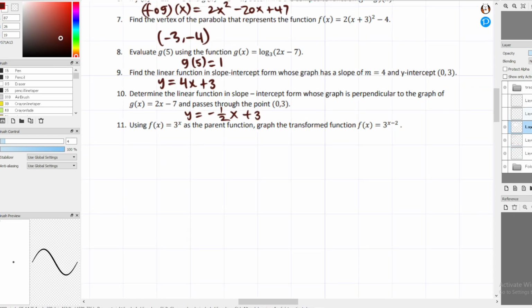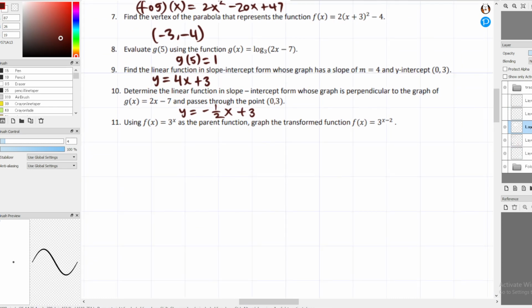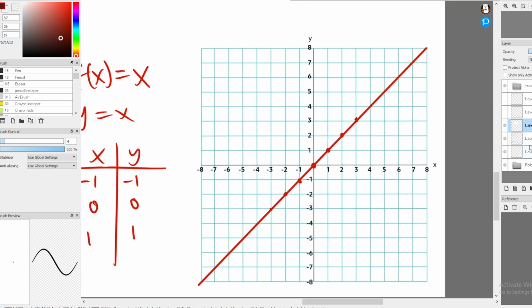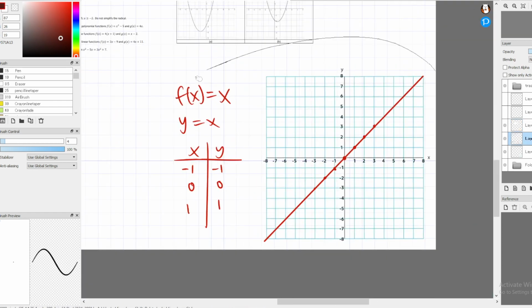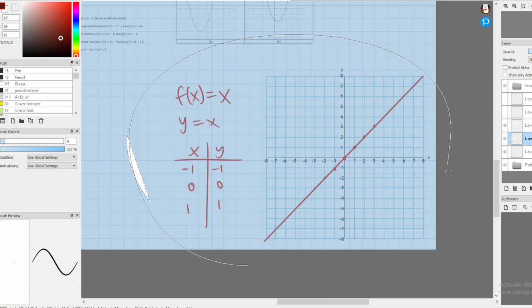Number 11 is telling us, using f of x equals 3 to the x as the parent function, graph the transformed function f of x equals 3 to the x minus 2. Let's go down to our graph really quick. I'm going to just get rid of this. Whoops.